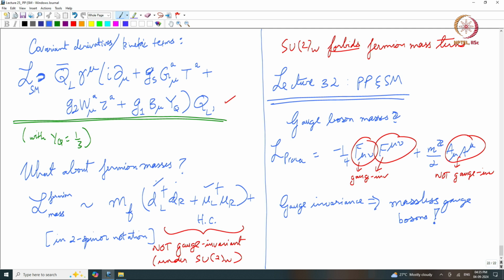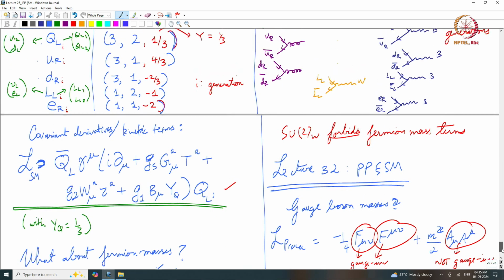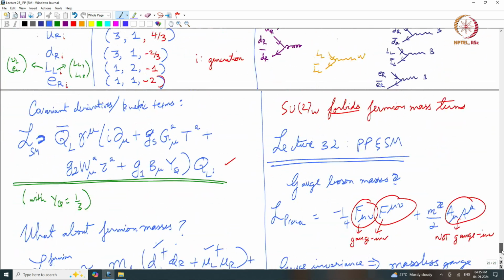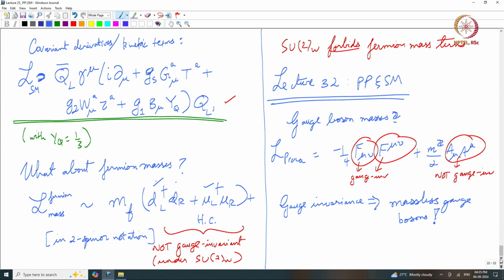All the ingredients that we put in, all the force carriers and the force feelers, they are all massless actually. But obviously we are not living in a massless world, right. Everything has a mass. So how do we do this? How do we construct a consistent theory, a theory where particles have a mass at the fundamental level, okay. That is really this very central point of the Standard Model and electroweak symmetry breaking, okay.